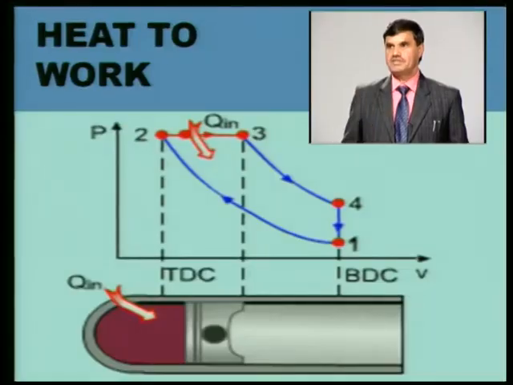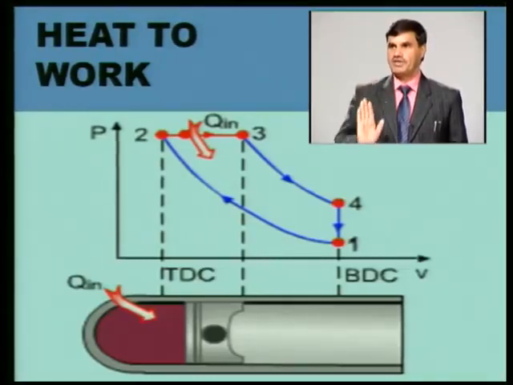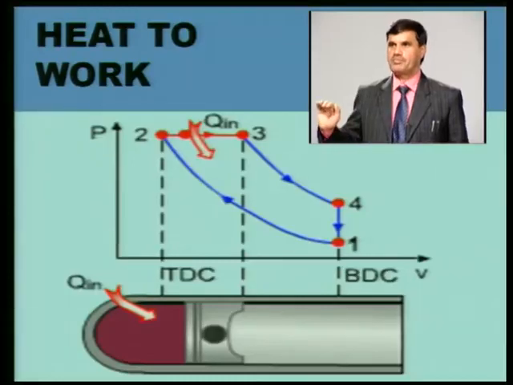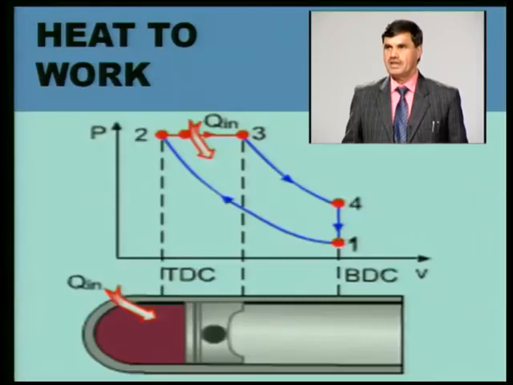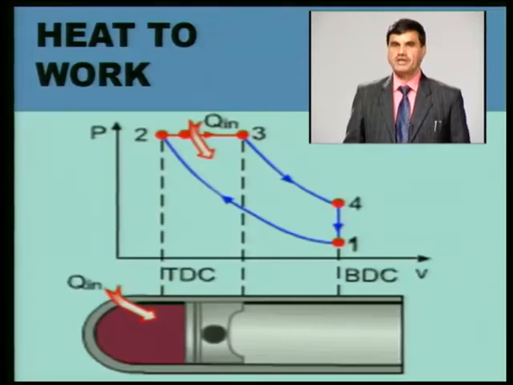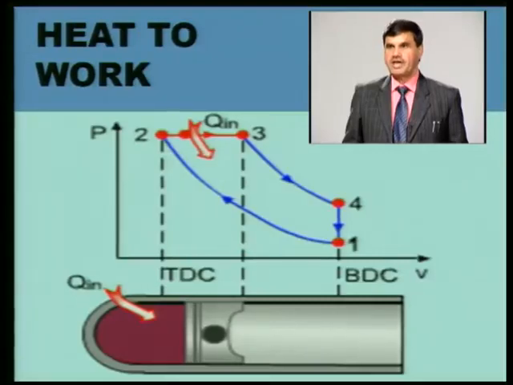The diesel engine, or the diesel cycle which has been devised by Diesel, is working on this cycle hypothetically. Here we are assuming that the working fluid is air, heat is being added with the help of some external source, and the piston is moving towards the bottom dead center. Part of the heat addition is at constant pressure, and the remaining, from 3 to 4, is reversible expansion.